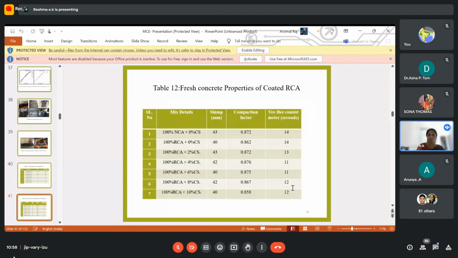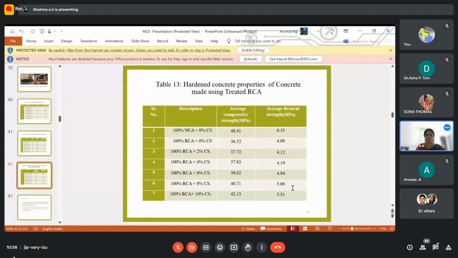Similarly, this property is also improved. Here I have not conducted a split tensile strength test because it was a little difficult, so I didn't want to continue with it. I just did compressive strength and flexural strength.